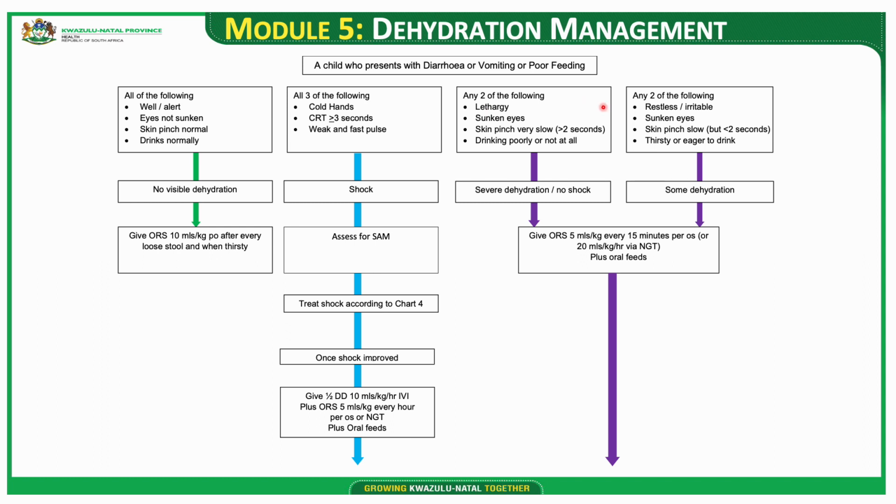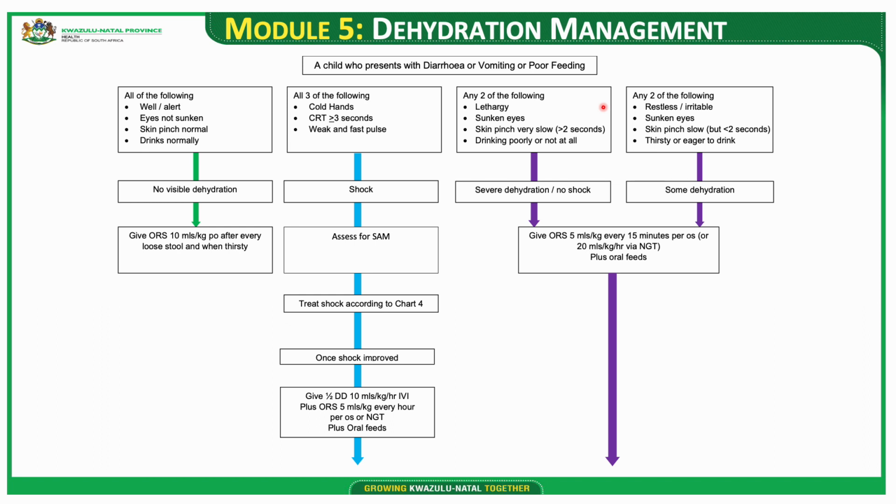The two that are often difficult to distinguish are some dehydration and severe dehydration. The main difference between these two is whether we treat the children as an emergency or whether we treat them as a priority.